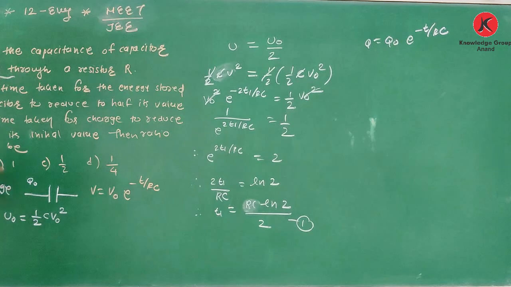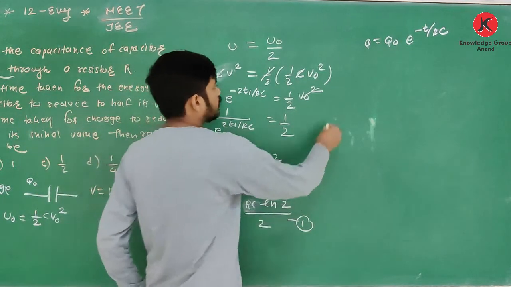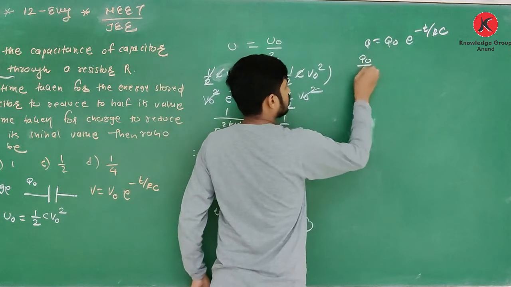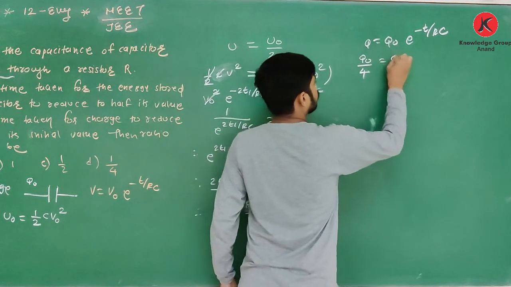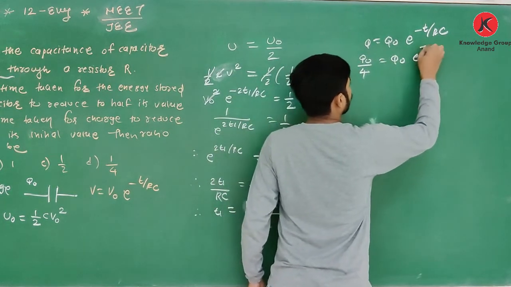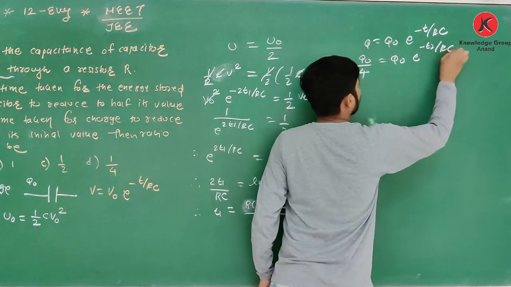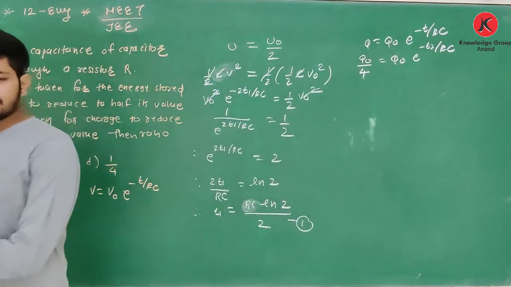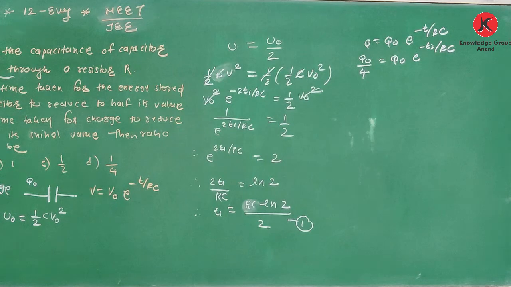Given T2 is the time for charge to reduce to 1/4 of initial value, Q0 by 4 is equal to Q0 e raised to minus T2 upon RC.